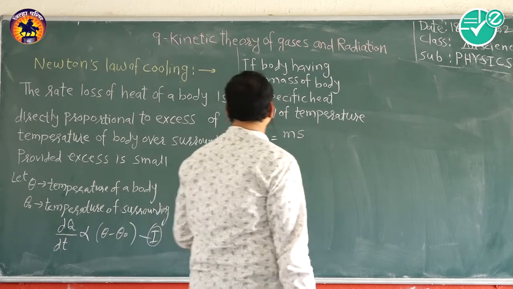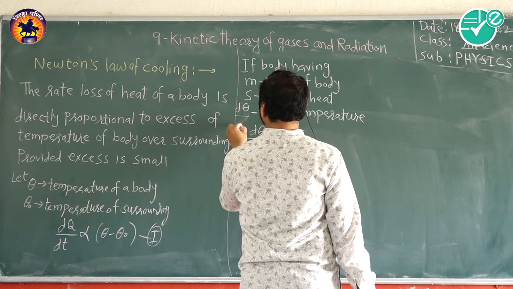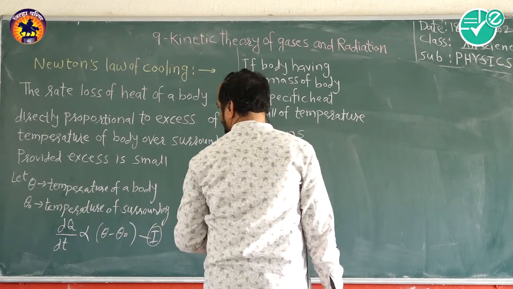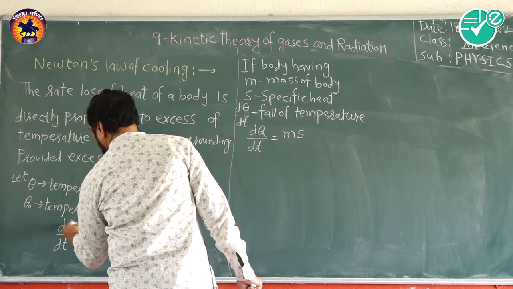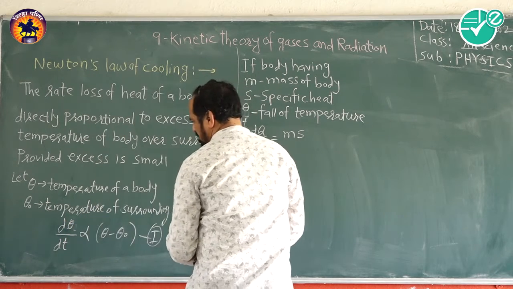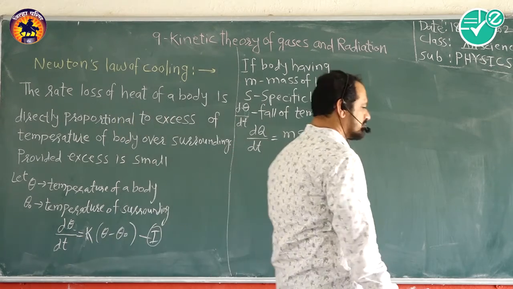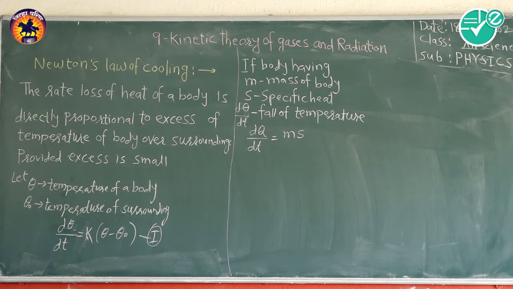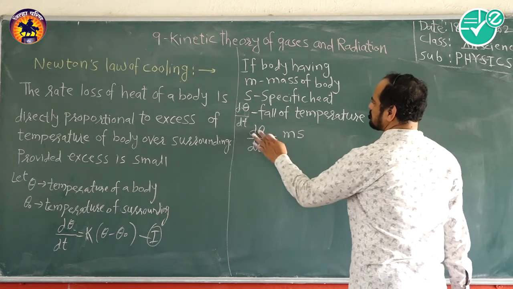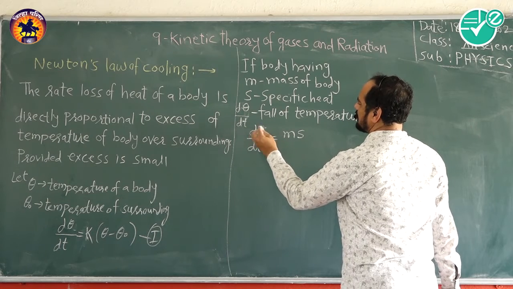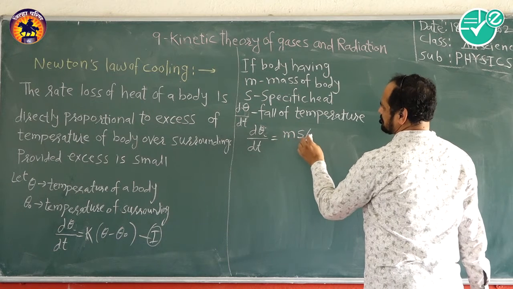So here this is d theta upon dt, and here also we calculate d theta upon dt. So the equation here is equal to k into theta minus theta 0, where k is the proportionality constant.